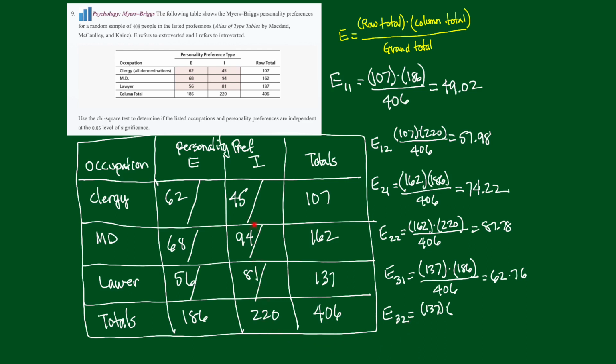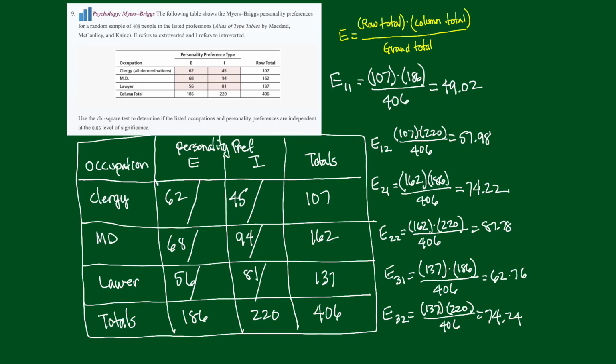Column 2 is this column right here, so that's 220. And that's all to be divided by the grand total, 406. And I'm getting 74.24, just rounding off. Now we've computed all 6 of those expected values.